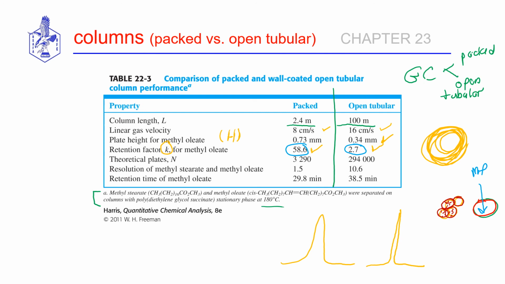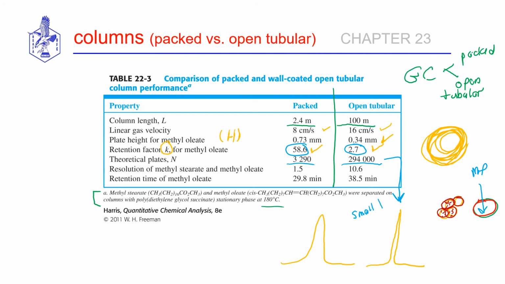Theoretical plates, here's a huge difference. The theoretical plates for a packed column, 3,290. Comparatively, for open tubular, 294,000. This is where open tubular columns deliver superior resolution, coming from very small h.